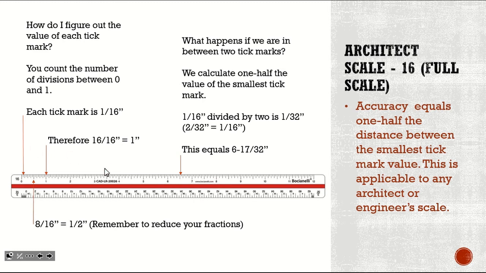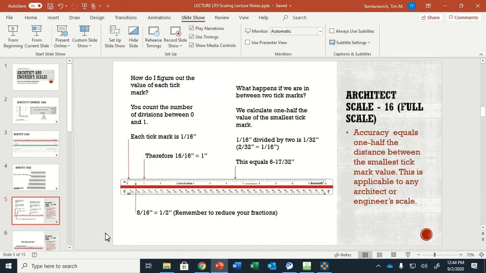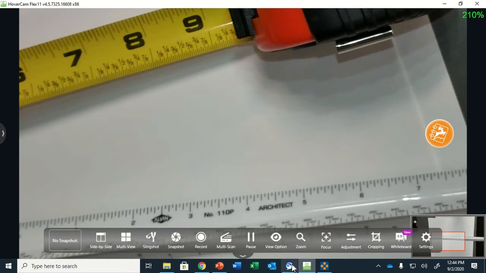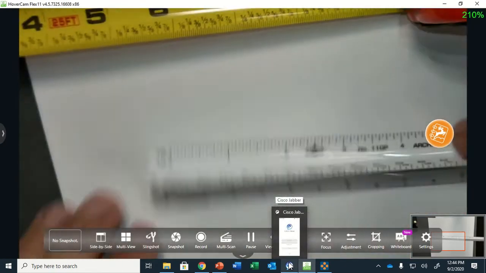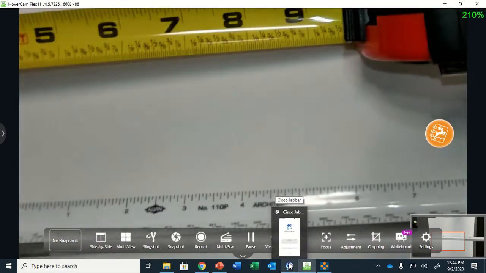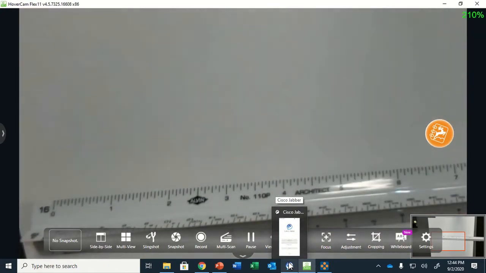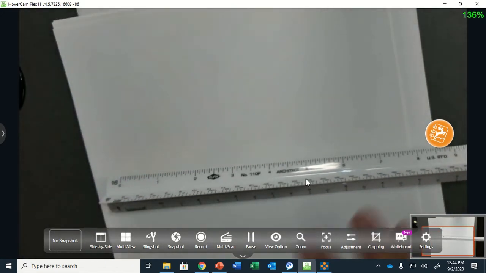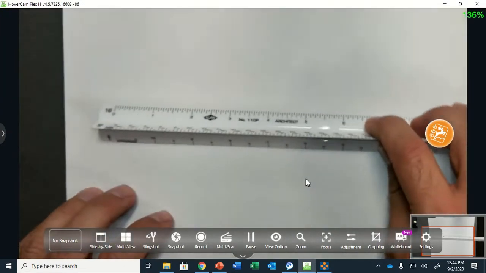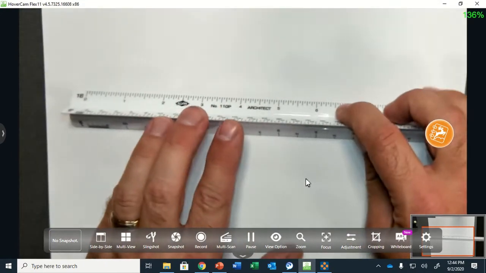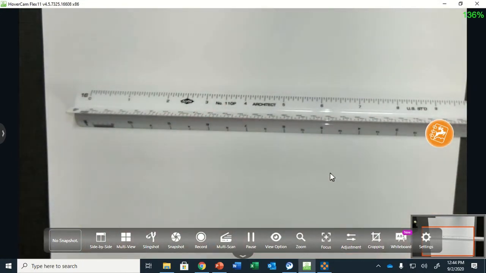So let me go actually use the scale. All right, so let's go to this guy. Okay, let me zoom out a little bit. Okay, zoom in.